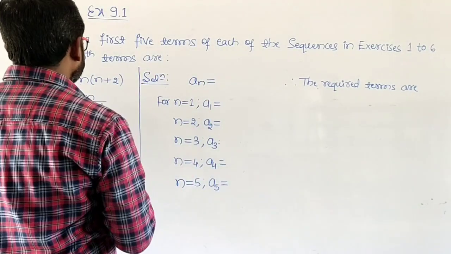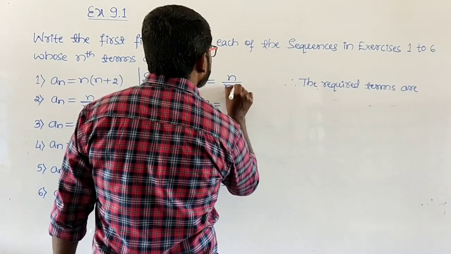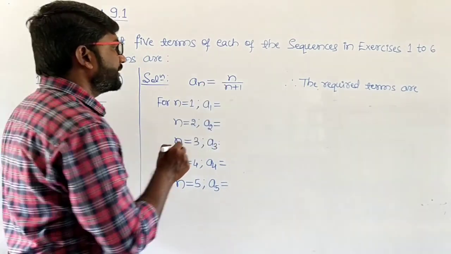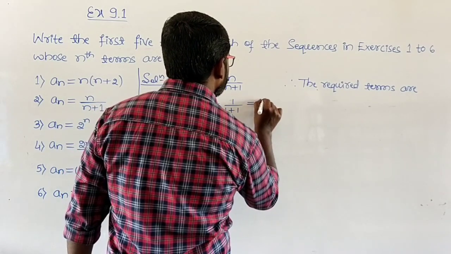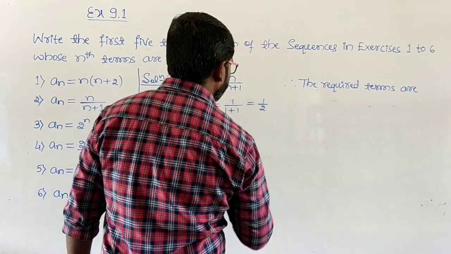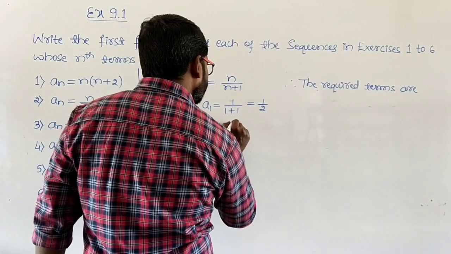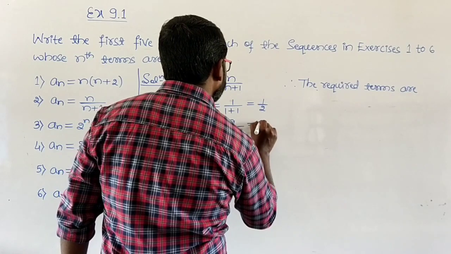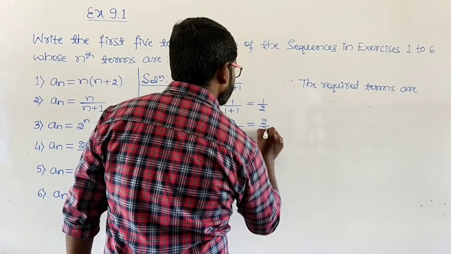Well, let us solve the second one. It is n divided by n plus 1. So now for n equal to 1 we get 1 divided by 1 plus 1, which is equal to 1 by 2. Then next for n equal to 2 we get 2 divided by 2 plus 1, it will be 2 by 3.